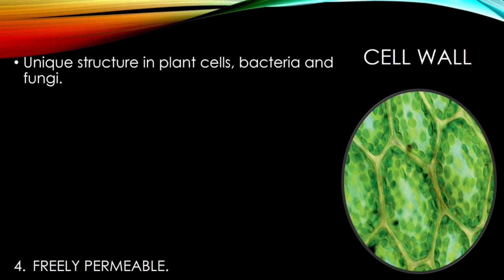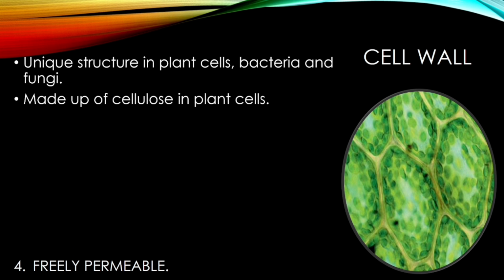The next organelle is the cell wall. The cell wall is a unique structure present in plant cells, and it is also present in bacteria and fungi. When you have to classify living organisms, we can classify them as those which contain a cell wall and those which do not. So plant cells, bacterial cells and fungi all contain a cell wall.